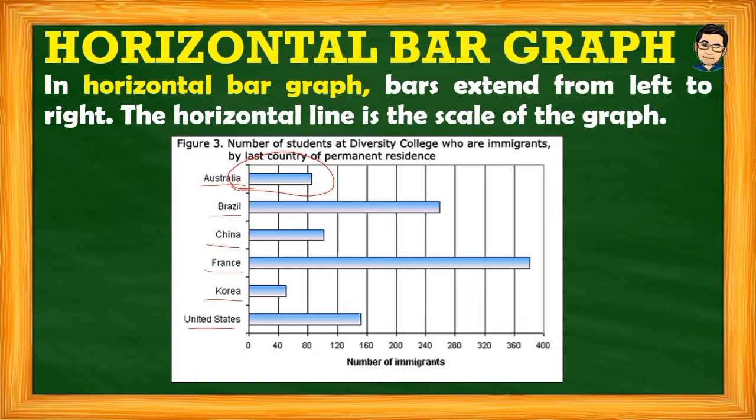Yung nandito sa left side ng mga bars is yung mga countries, and yung nasa ibaba naman is yung number of immigrants. Since kino-compare natin yung mga number of immigrants, nasa baba po yung mga bilang.